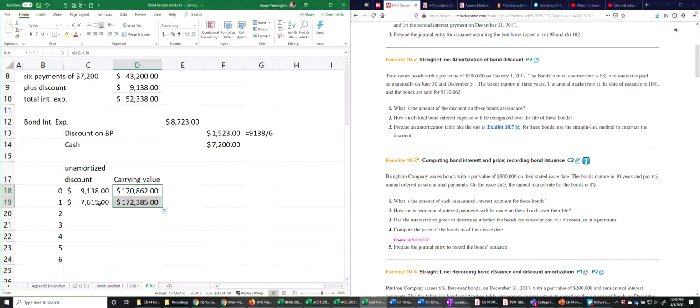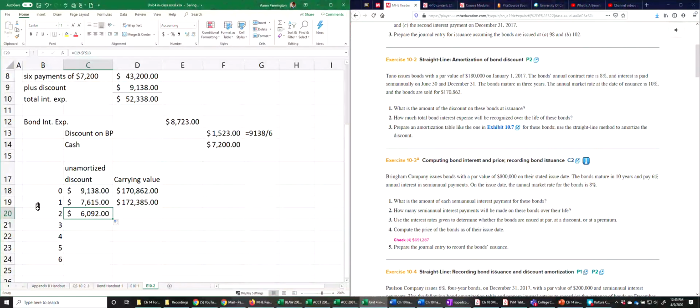All right. So the carrying value increases, and we would expect that it will increase up until the maturity date. All right. So let's see if this works. All right.